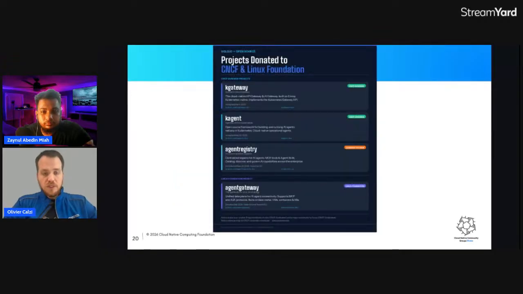And I wanted to finish those slides with the donation which has been made by the Solo.io firm, which I find really interesting. So during one of the keynotes, they donated live the agent registry. And I really like that because I'm working day to day with Artifactory from JFrog.